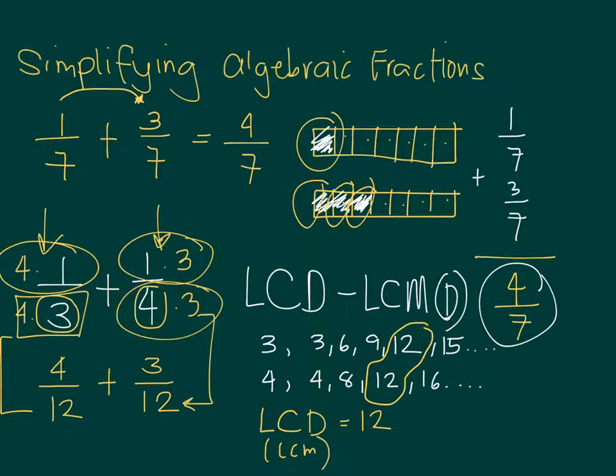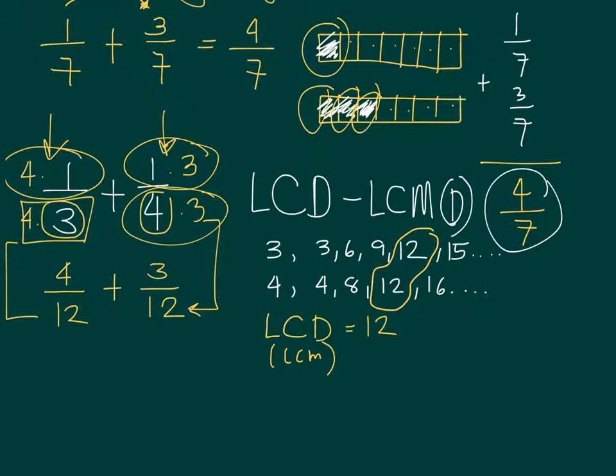And the moment the denominators are the same, we can apply the basic rule on adding fractions. So we just have to add the numerators. So 4 and 3 is 7, and then we copy the denominator 12. Okay, so these rules will apply also for subtraction, and you can explore more examples on that.